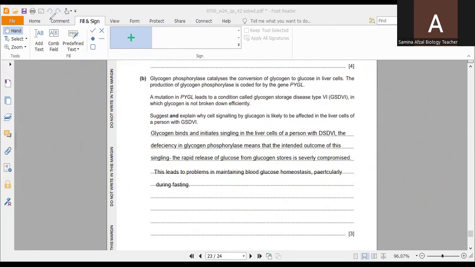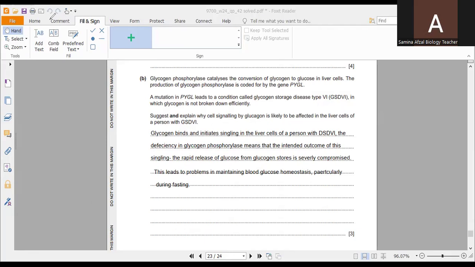In that case, when there is less concentration of blood sugar due to fasting or any reason, the glycogen is broken down into glucose to make the level of glucose up to a set point.